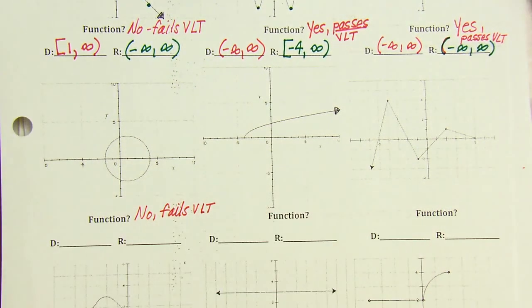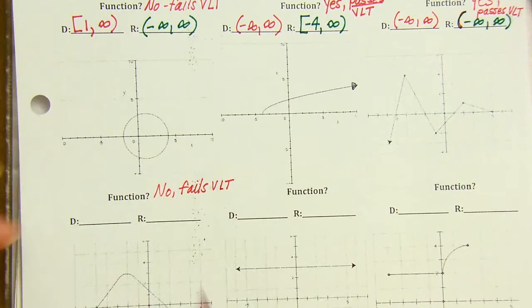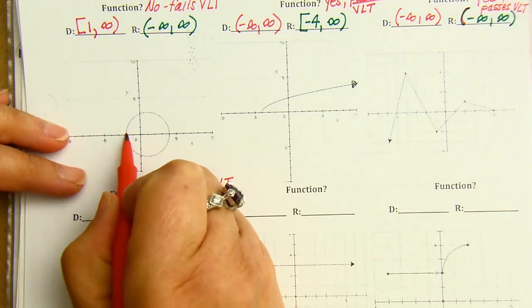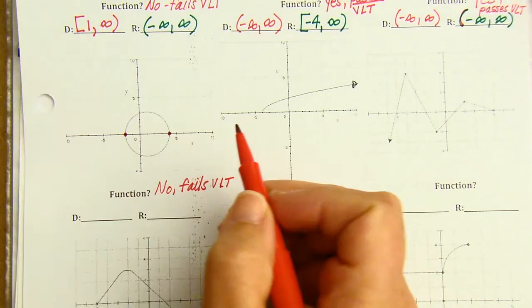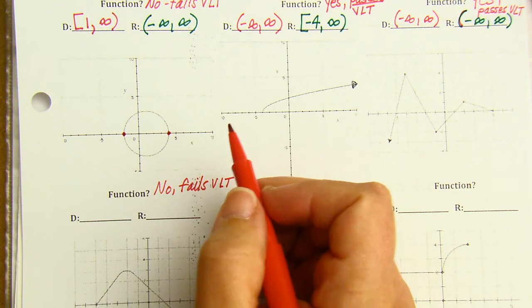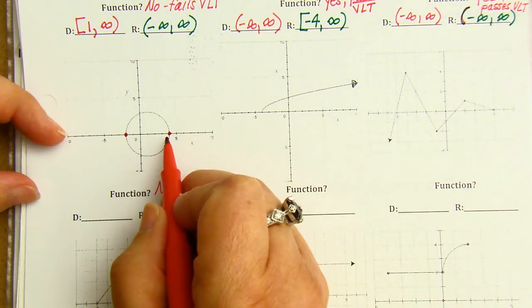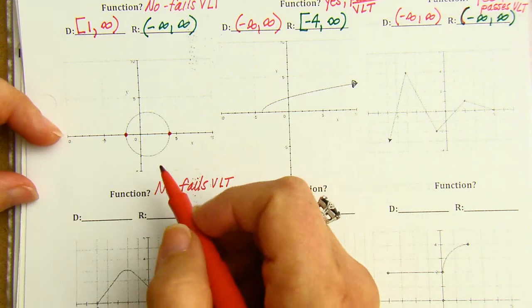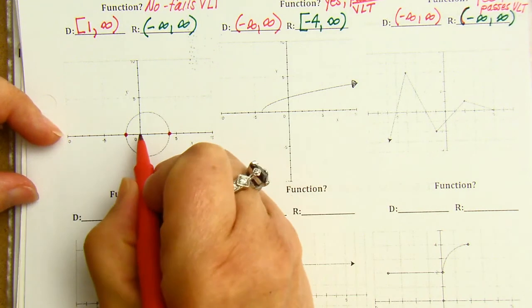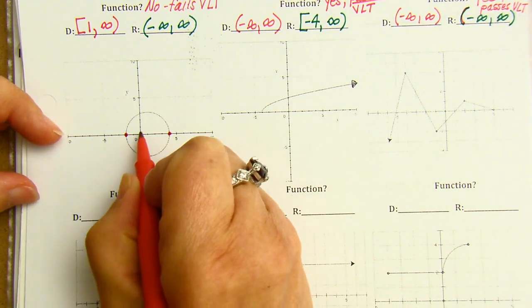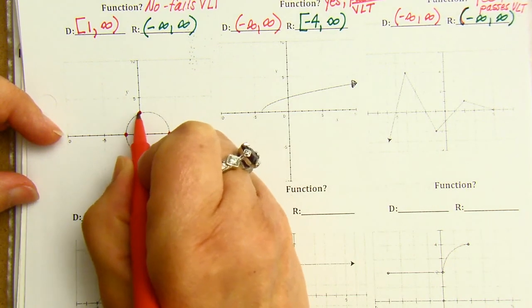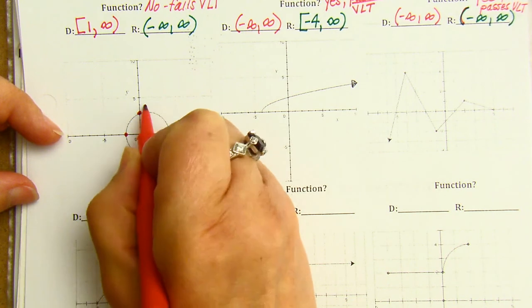What's the domain? Now remember, the domain are your x values. So I'm farthest left and farthest right for x values. I'm starting at x is negative 2, and it's going to where x is 4. All the other x values are found on the graph of that function. If I want to know if an x value of 0 is on there, well, sure, up here, this ordered pair would be 0, 3.